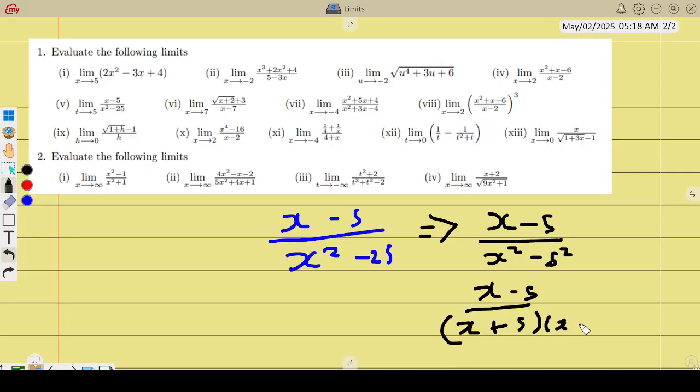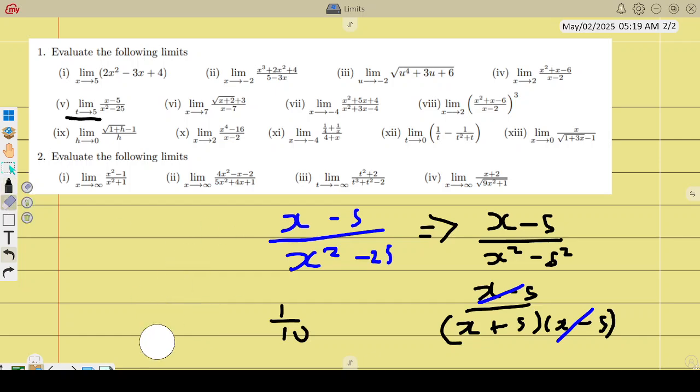and x minus 5. So this is basically the difference of two squares, and then from there we cancel, meaning on top we're going to remain with 1 over x plus 5. And then what was the limit? T was approaching 5, so meaning we're going to have 1 over 10.